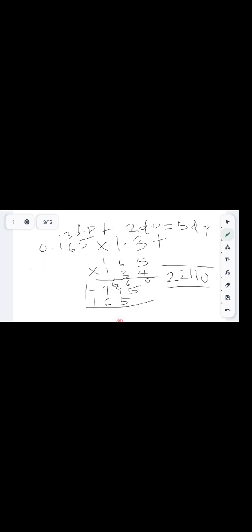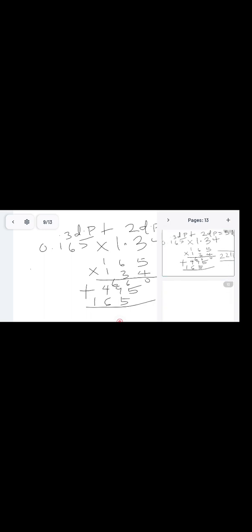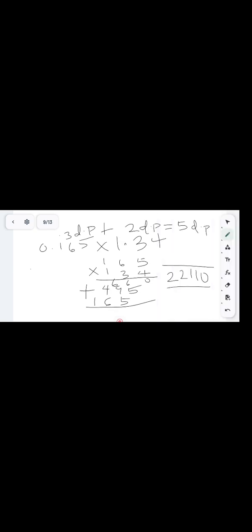Then we take note of 5 DP. Go to the next slide. You now say, we have 22110. So 5 DP: 1, 2, 3, 4, 5.